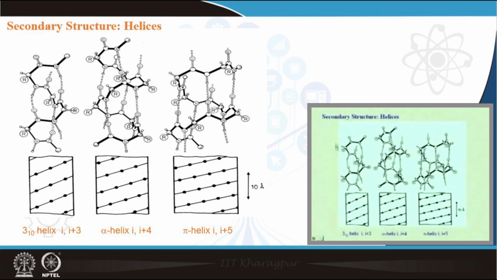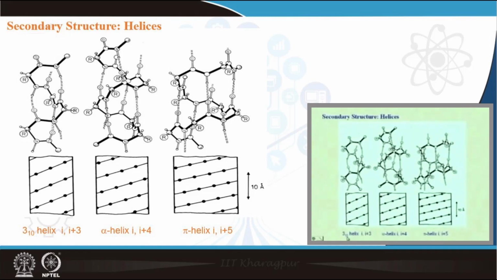Okay? So in the 3-10 helix, we have a hydrogen bond formation from the ith residue to the i plus third residue. That is what a 3-10 helix means, and the 3-10 tells you that you have 3 residues per turn and there are 10 atoms in that turn.